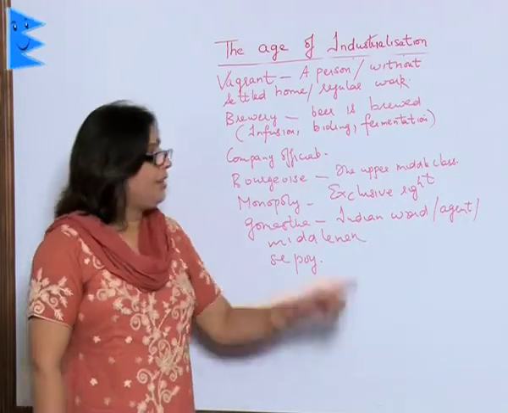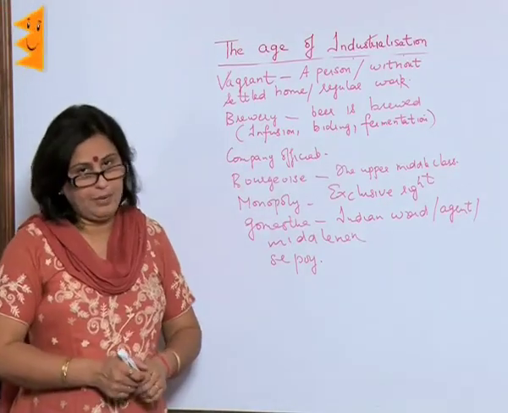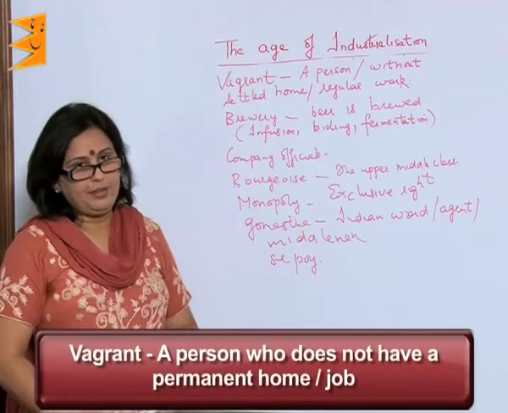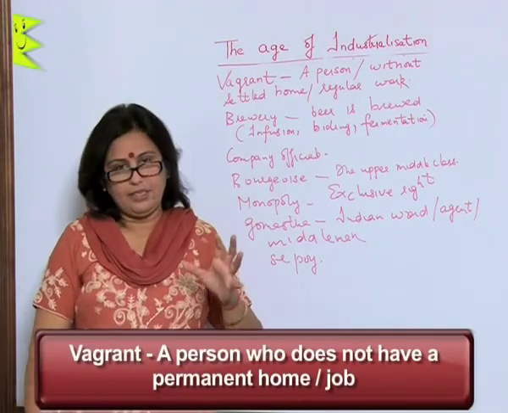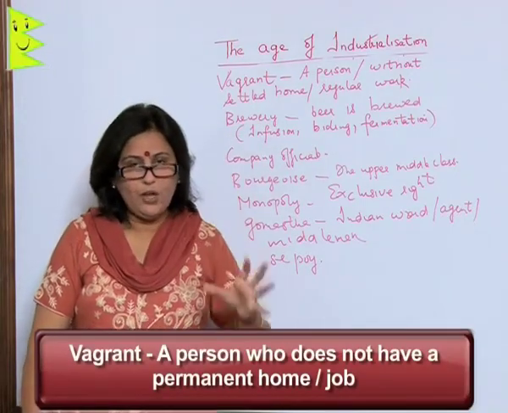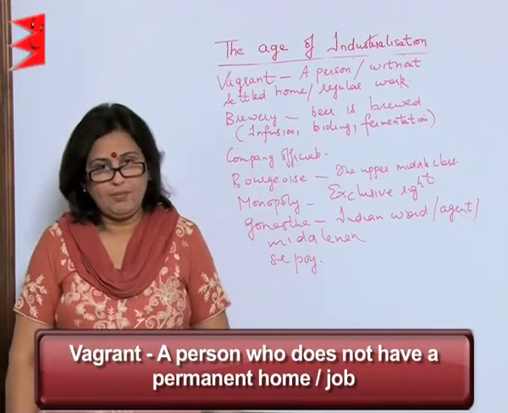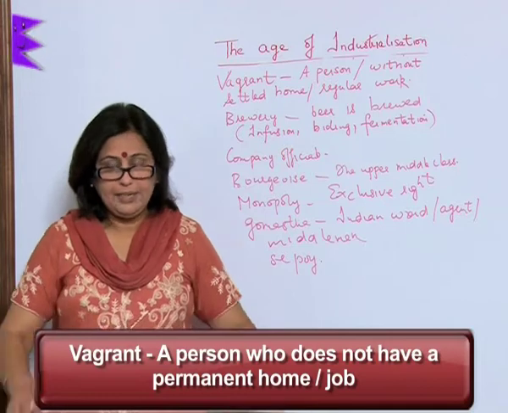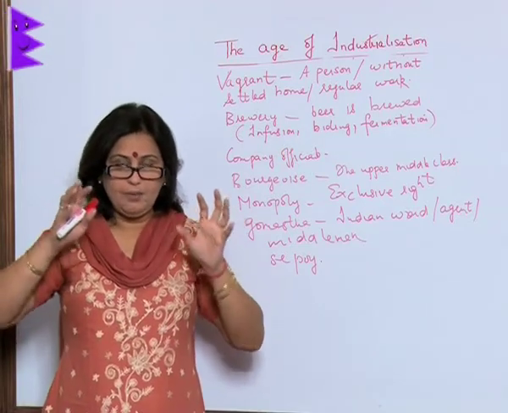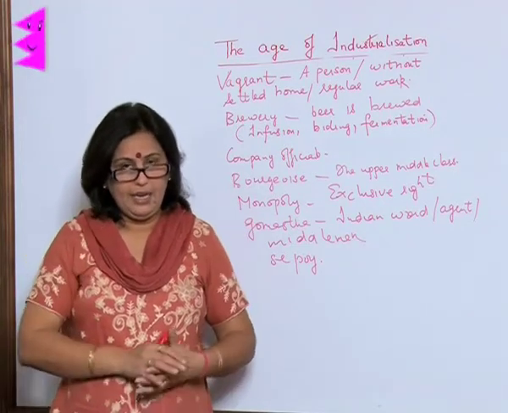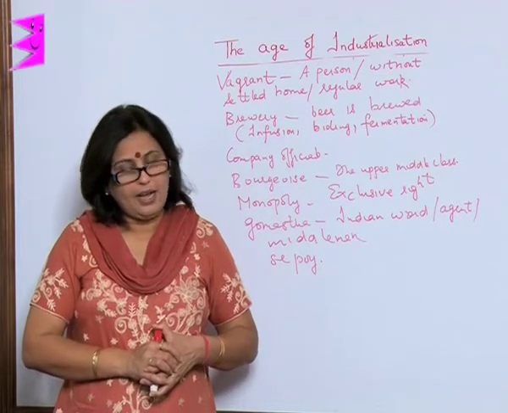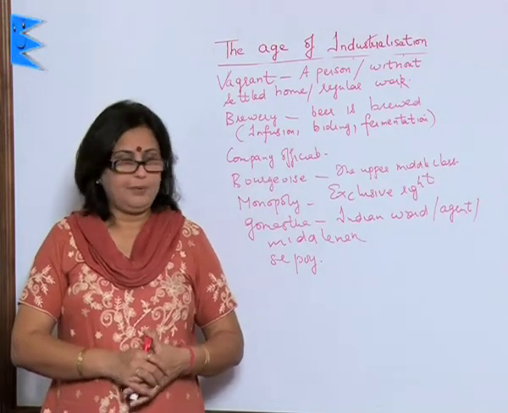The first word which we have to see in this clipping is vagrant. Vagrant is a person who does not have a permanent home or who does not have a permanent job. That is a person who seems to be highly insecure and unstable is a vagrant.